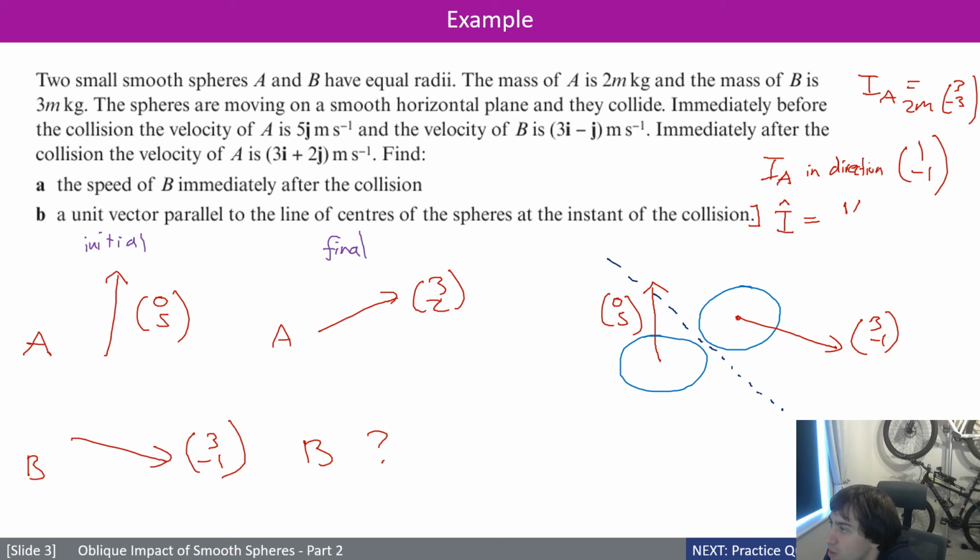So it's going to be (1 over root 2, minus 1 over root 2), or root 2 over 2, whichever you prefer. Okay, so that's the answer to that one there. You could alternatively have, of course, minus 1 over root 2 and plus 1 over root 2. Again, it doesn't matter. You're just multiplying it by minus 1. It's not the same direction, but it's still parallel to the line of centers.